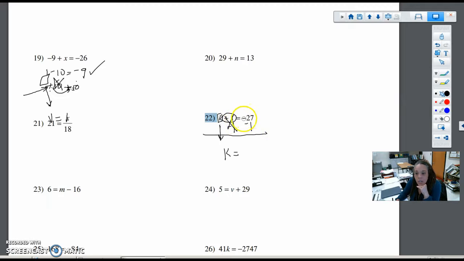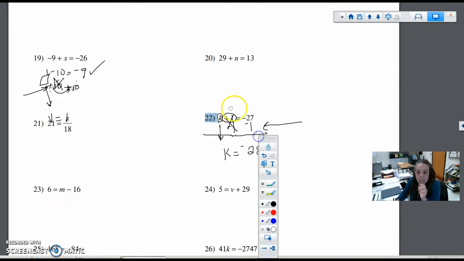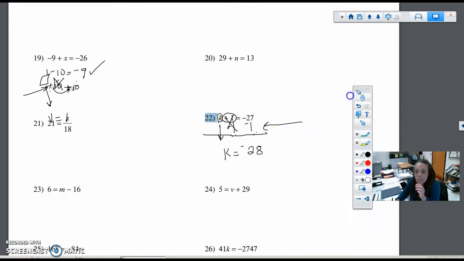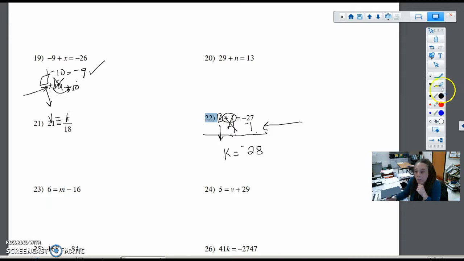So negative 27 minus 1, well that's 2 negatives going together, stay in the negative direction, will give me negative 28. This one is called the subtraction property of equality because I subtracted from both sides to keep the equation in balance or equal as I was doing my work.